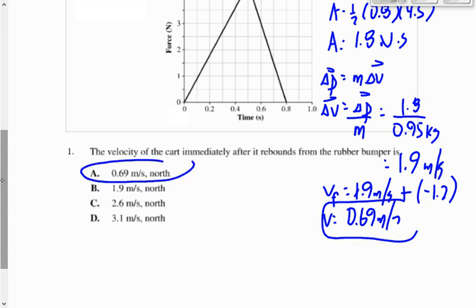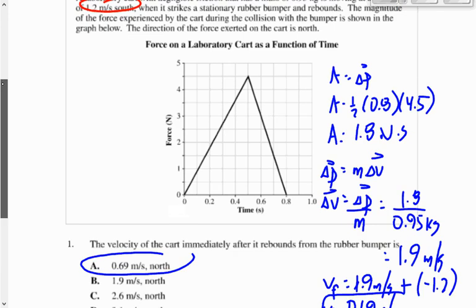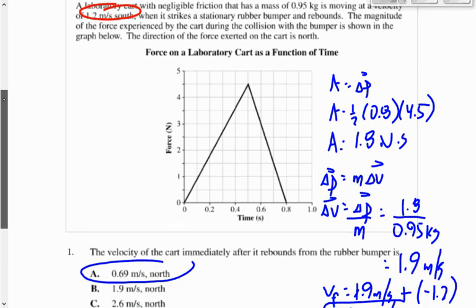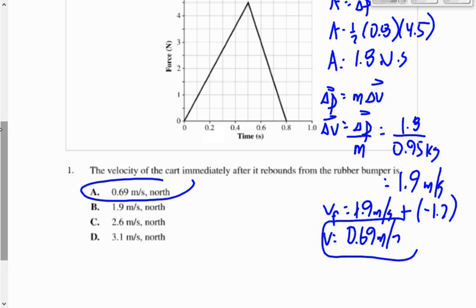A lab cart comes in and hits the wall at 1.2 meters per second. It's not going to bounce back at 1.9. Remember what we said just a minute ago? If you've got a collision and kinetic energy is gained, then you've made a mistake.